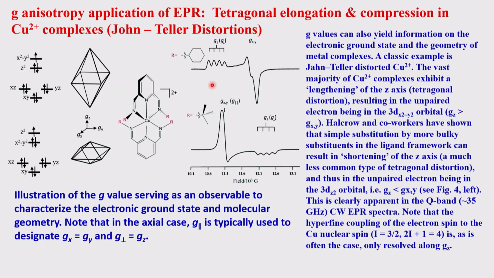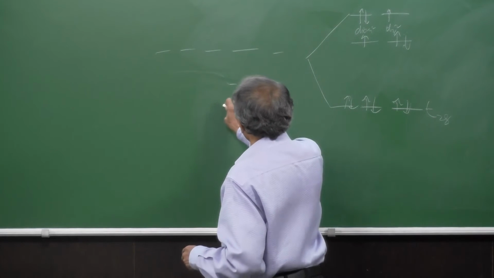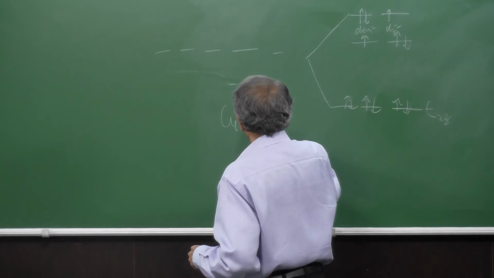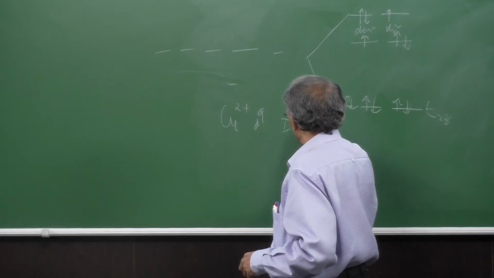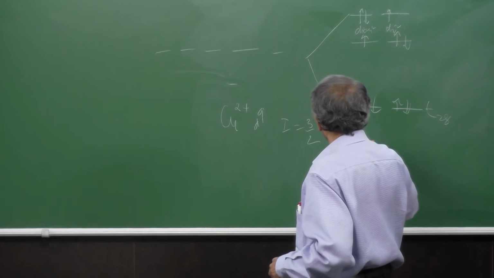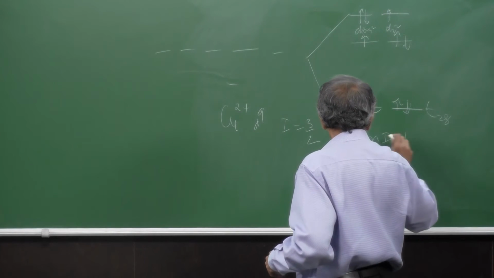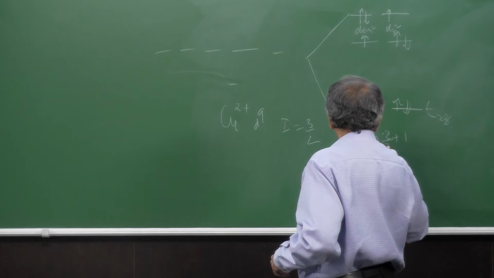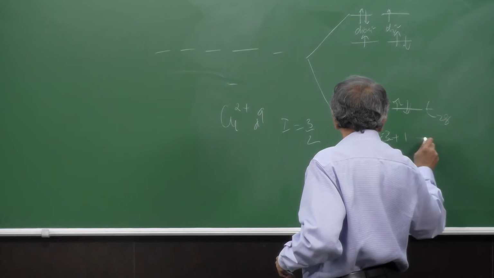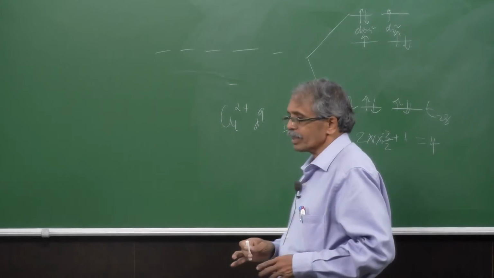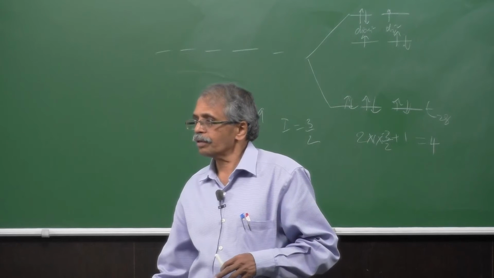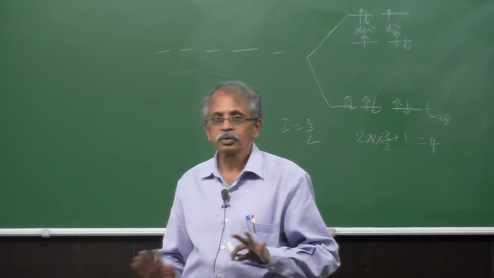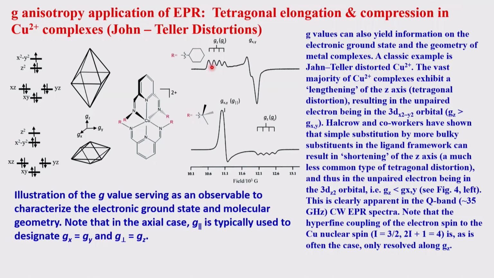The odd electron is in the copper metal center, because the copper 2 plus, which is d9, this electron belongs to the copper nucleus, and the copper nucleus has a nuclear spin of 3/2. Then what you should get is 2nI plus 1, 2 into 1 into 3/2 plus 1, that will be 4 lines. So anisotropy tells 2 sets of lines, and in each set 4 lines should be there.